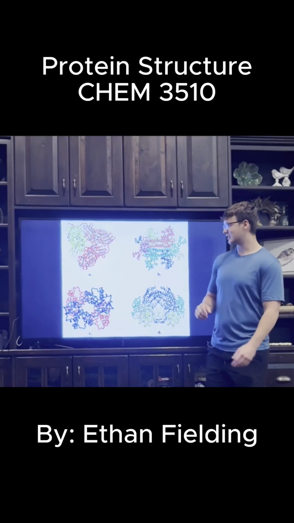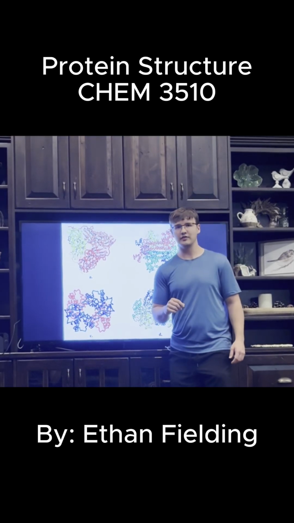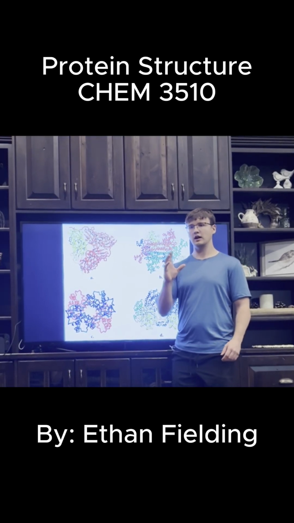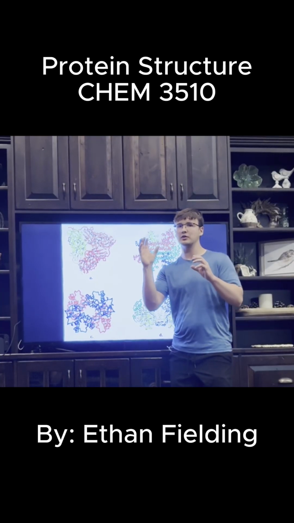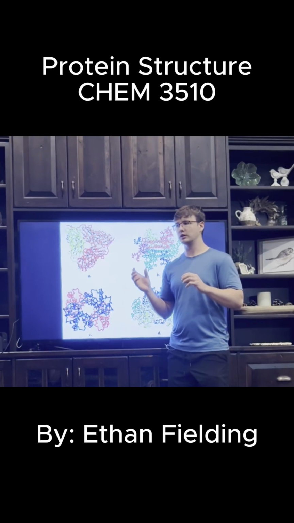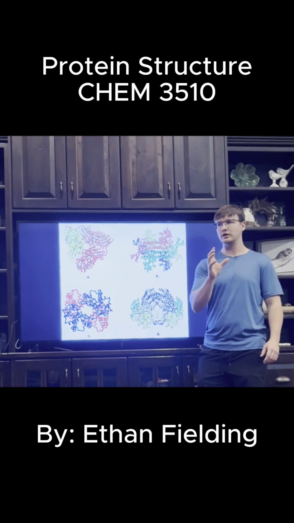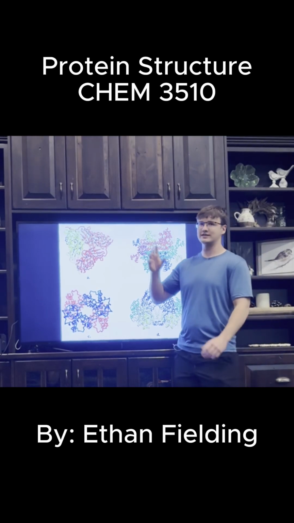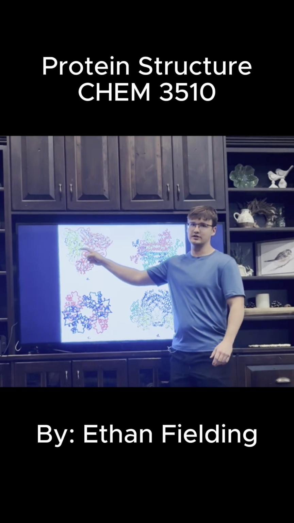So the way this naming system works is that you can have homo or hetero. So you can have a homodimer or homotrimer, homomonomer. What that basically means is homo is the same, and the second root word is how many of these subunits you have.